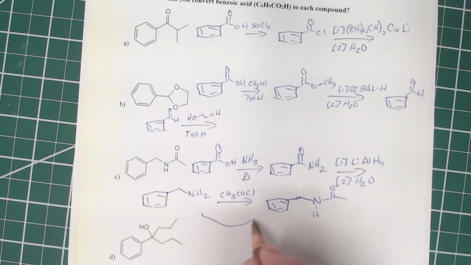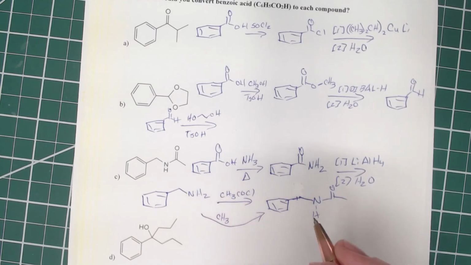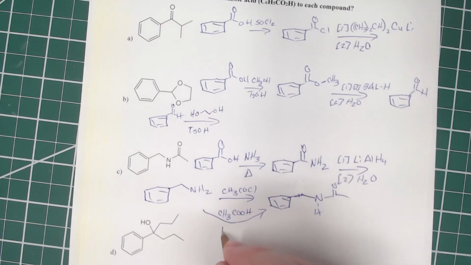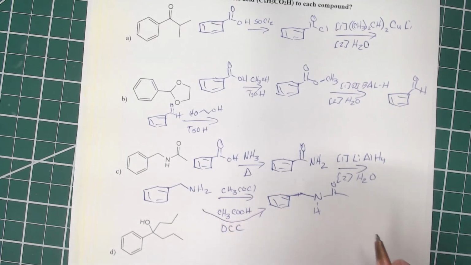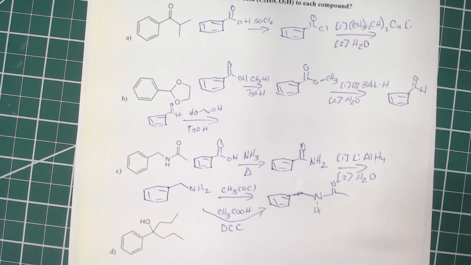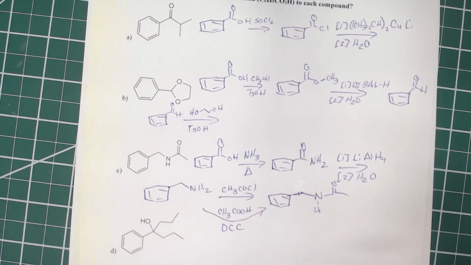And that alternative is to use the CH3COOH, which is just acetic acid, and DCC to do a DCC coupling, and that will give us this acetyl compound.